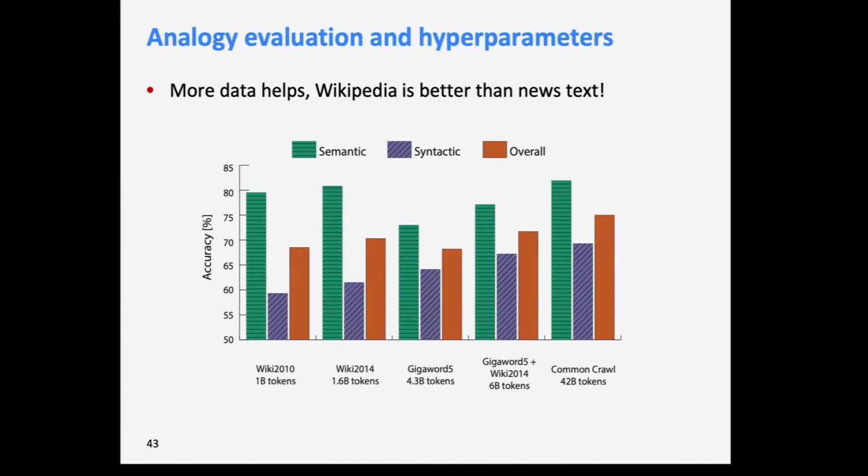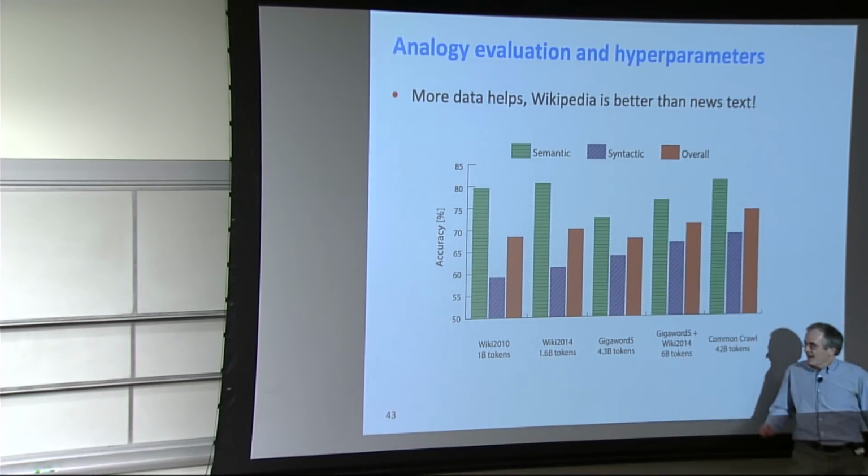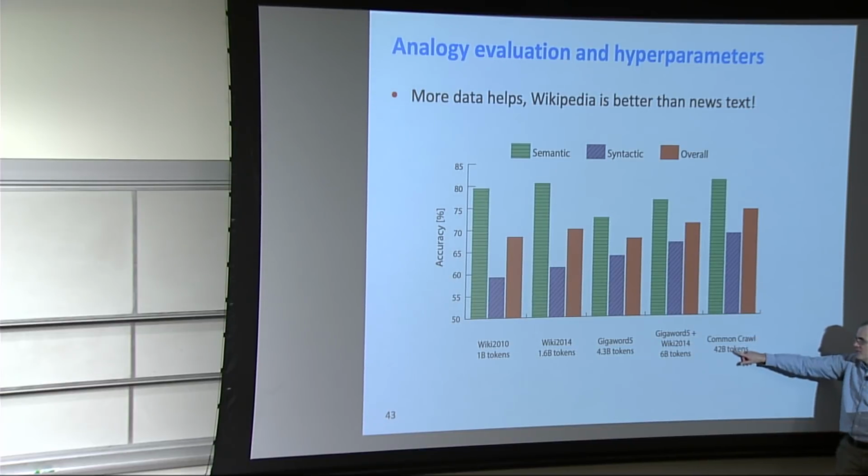Okay. Yeah, so a couple more things on that. What are we showing here? So these are, again, semantic, syntactic, and overall numbers. There are two things being mixed together here. One is if we just look at the overall numbers, they're highest over here, which is this 42 billion Common Crawl web pages corpus.